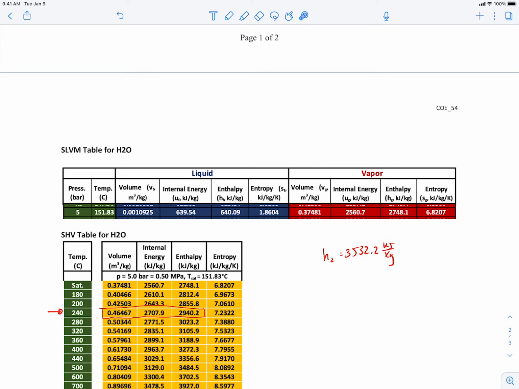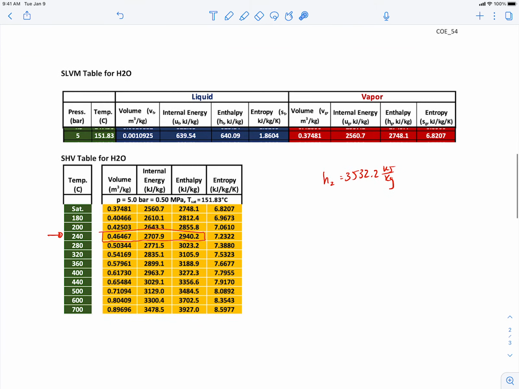If I look at that for a moment here, clearly my specific enthalpy is larger than the saturated liquid specific enthalpy, and it's also larger than the saturated vapor specific enthalpy. So that must mean that I'm in a superheated vapor phase again. So then let me go to my superheated vapor table right here, and again I'm at a pressure of 5 bar. Let me go through the enthalpies and see where 3532 falls in. So if I look at that, it's between those two values.